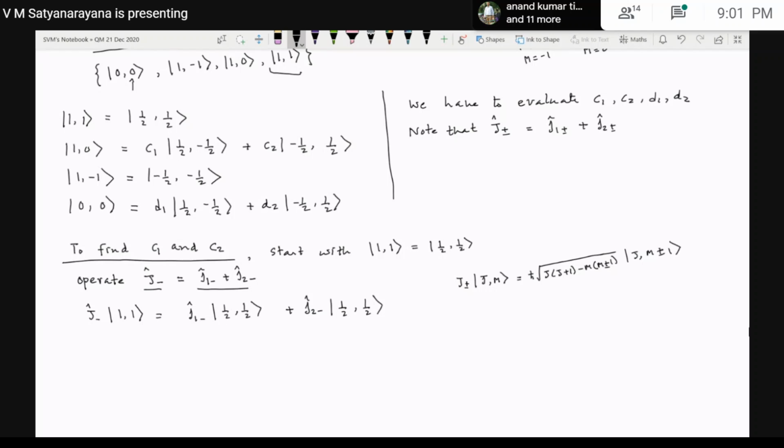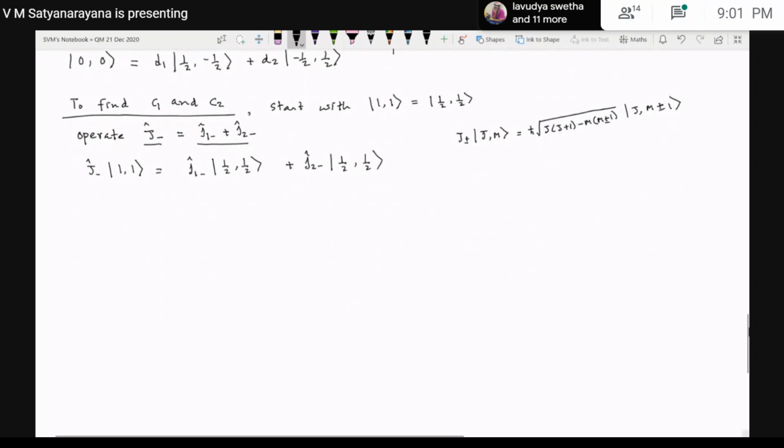Now here I want to calculate what is J minus acting on |1,1>. So that is equal to, this implies I have h bar times the square root of 1 into 1 plus 1 minus 1 into 1 minus 1, because this is J minus, and |1,0>. This is what I have evaluated so far.